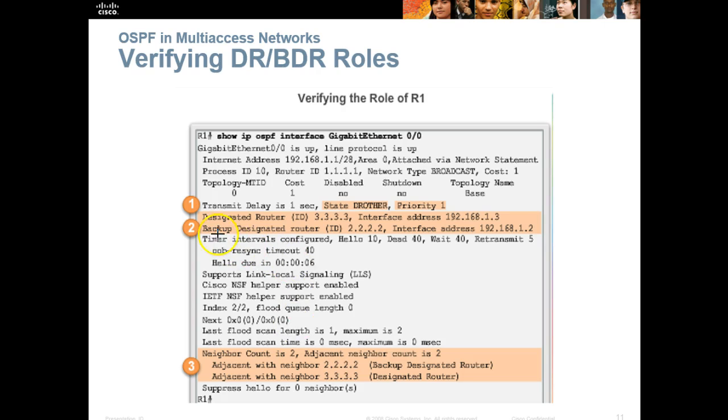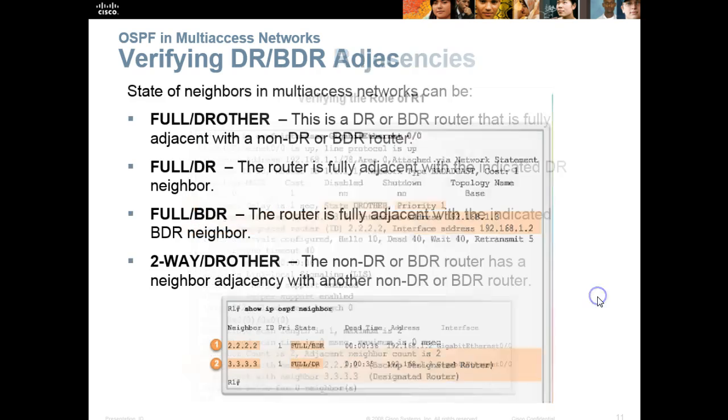That takes us into this where we can see the designated router, the ID, and the router ID is something we'll be manipulating later on. And then the BDR 222, so it's picked on highest order, all right. And then it's adjacent, the neighbor count is 2, adjacent neighbors, etc. So all of these things get part of the background here.